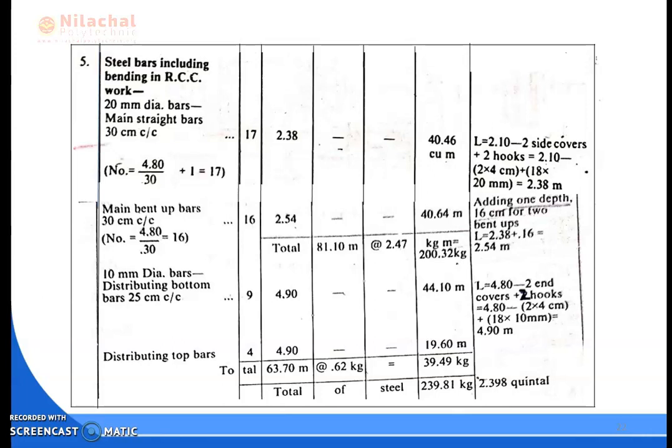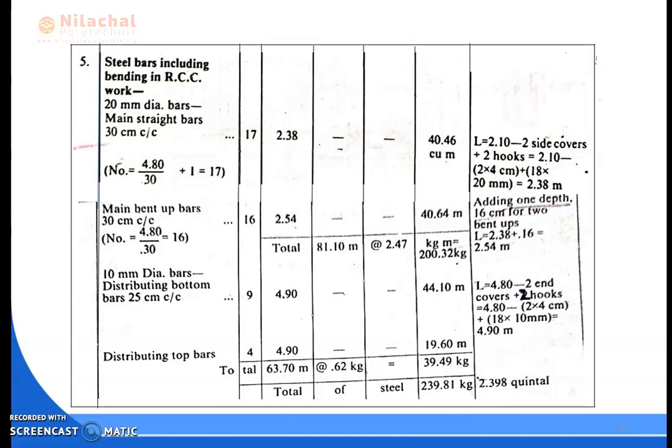Suppose 16 bars are defined by the formula. Then for the main bent up bar we consider 16, and for the main straight bar we consider 16 plus 1, which is 17.